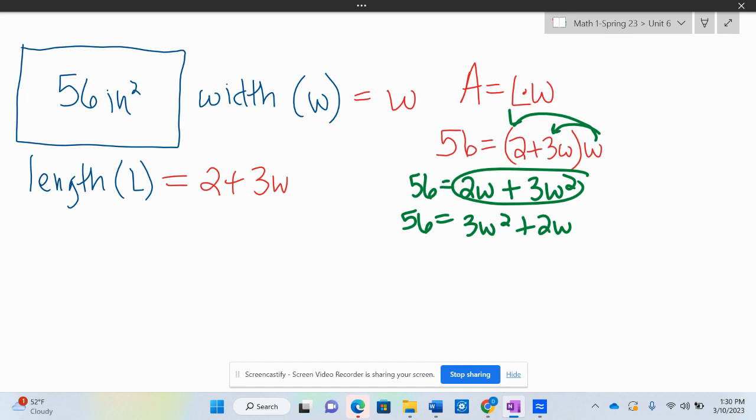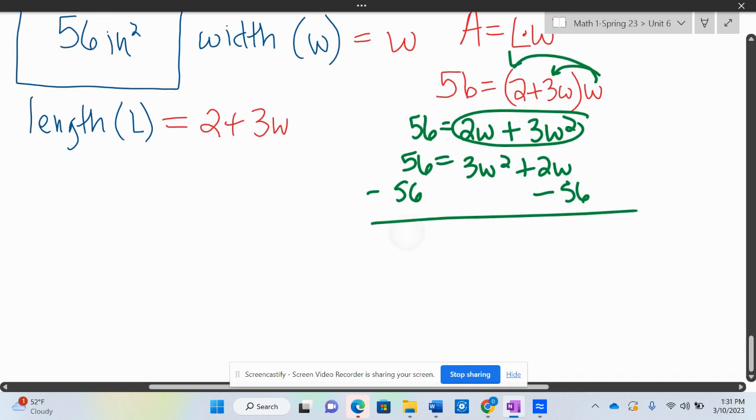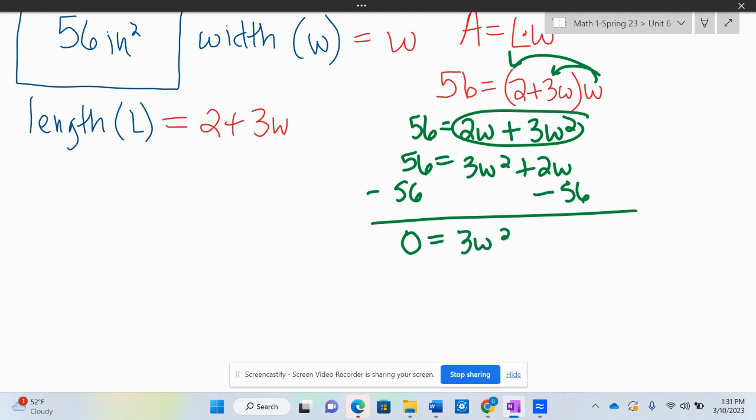Now I have to set it equal to 0. How do I do that? I need it to say 0 equals or equals 0. Subtract 56. Yeah, from both sides, right? So now I have 0 equals 3W squared plus 2W minus 56.